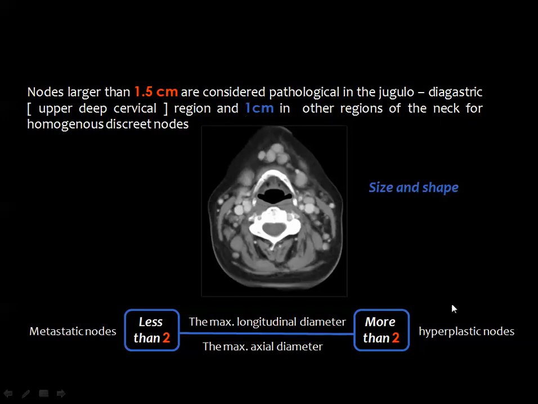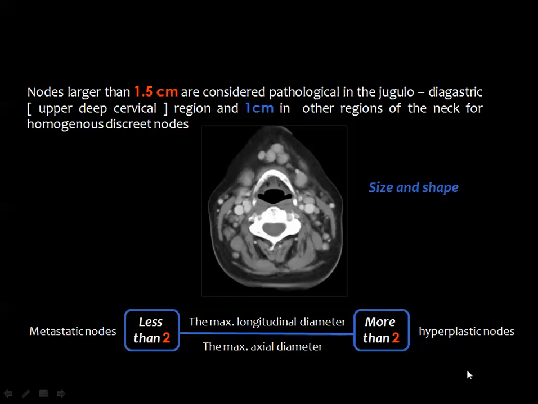And there are some equations to differentiate between the metastatic nodes and the hyperplastic nodes. We consider the nodes hyperplastic whenever they are of homogeneous density or homogeneous echotexture, and they maintain the normal reniform shape.